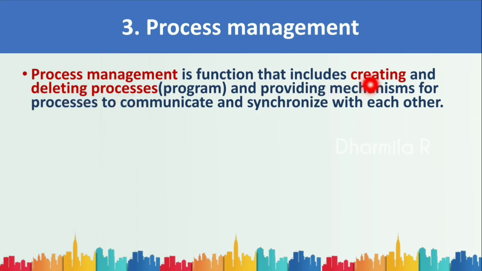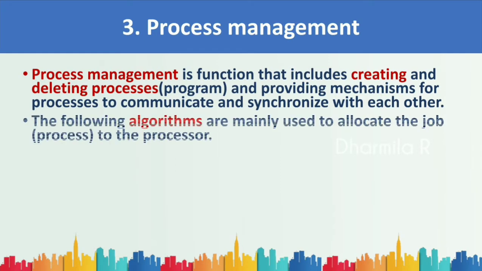So these two functions are done in process management, and we also should provide some mechanism for the processes to communicate and synchronize with each other. Many processes will be there in CPU and they will be scheduled, so we have to provide a mechanism to communicate with each other.